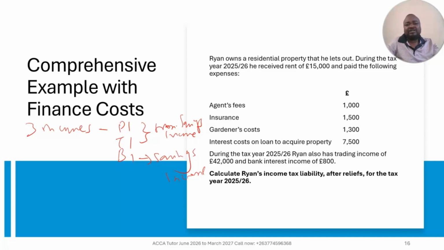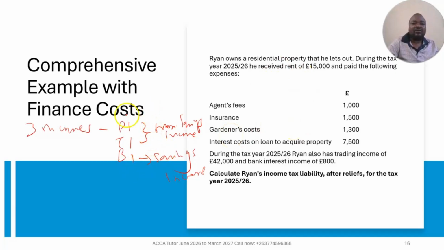All right. Now, once you have determined the income side and you're comfortable with it, you then have to ask yourself on the expenses side which expenses are deductible, especially when you are computing your property income, because it needs to be identified.